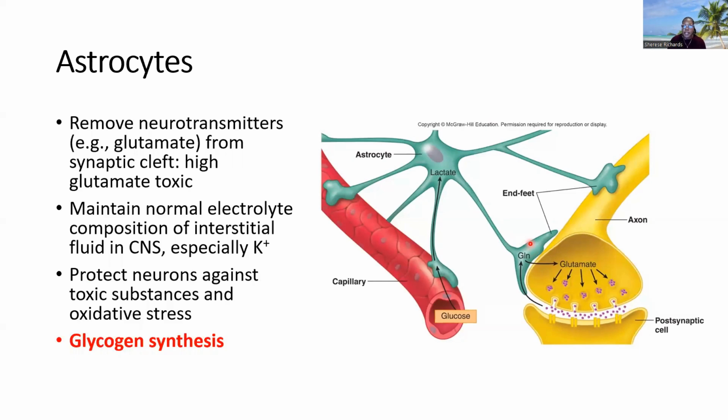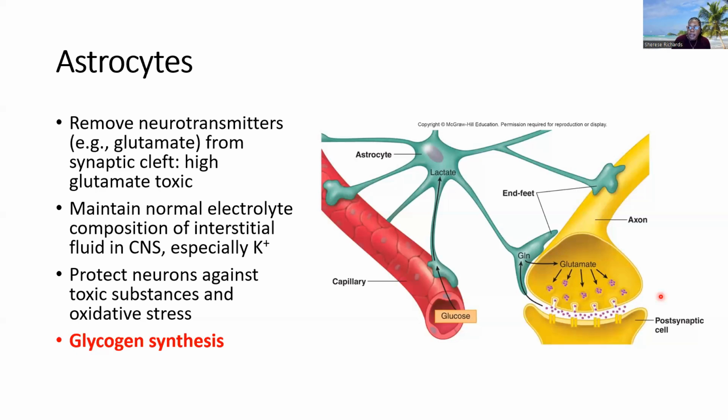All right. Some additional roles for astrocytes: they can remove excess neurotransmitter, things like glutamate or even GABA, which can be highly toxic if they are left in excess at the synaptic junction. So astrocytes can help to clean up some of that neurotransmitter debris. They can maintain normal electrolyte levels of the interstitial fluid and the fluid around the nervous tissue, especially the levels of potassium.